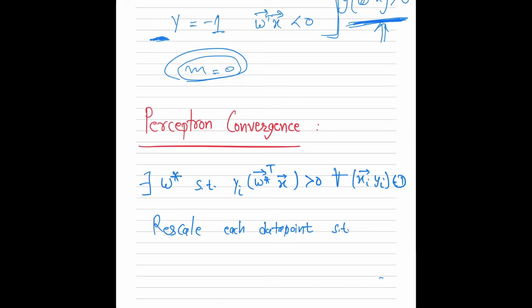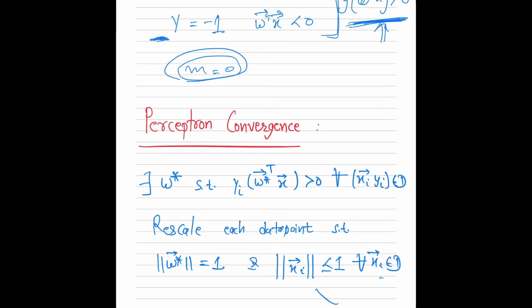We can rescale our data too, to simplify the proof, such that for every xi the norm is less than or equal to 1. So the norm of each data point xi will be less than or equal to 1 for every xi in the data set.